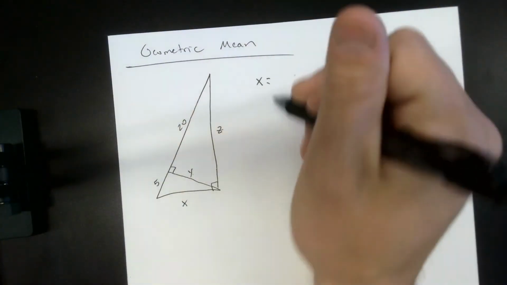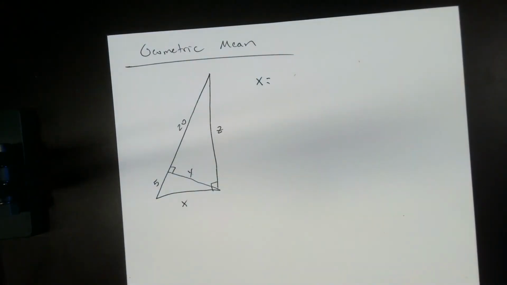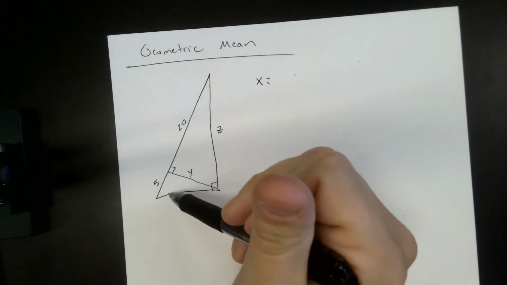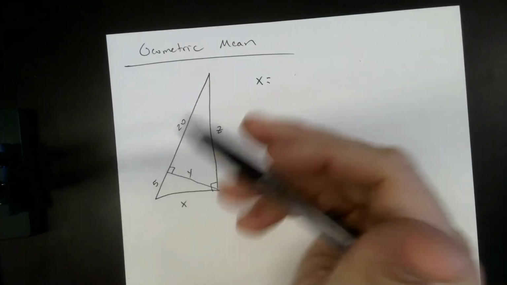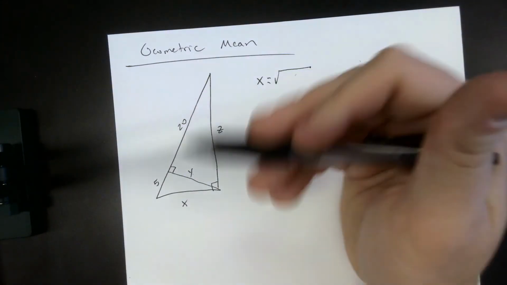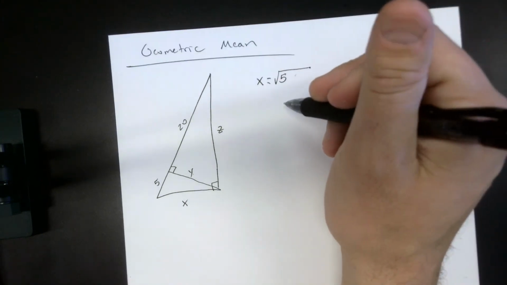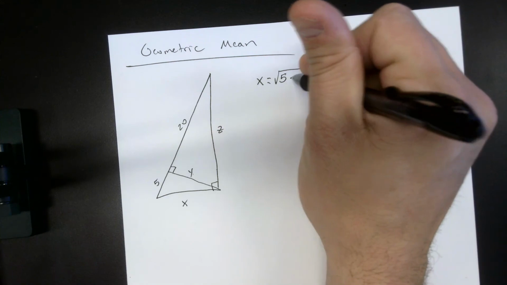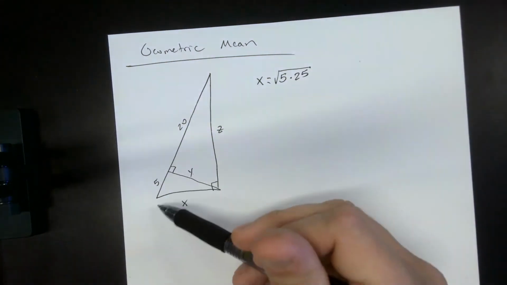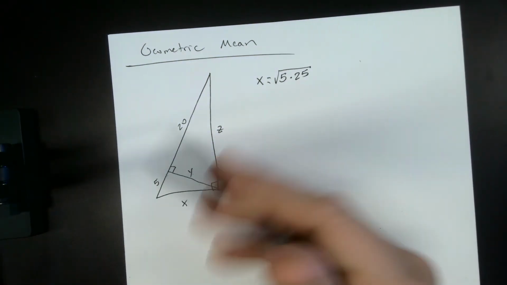First one we're going to find is X. X is a leg, so we're using the leg theorem. The leg theorem says the part of the hypotenuse it touches. What's the part of the hypotenuse X touches? 5 times the entire line.